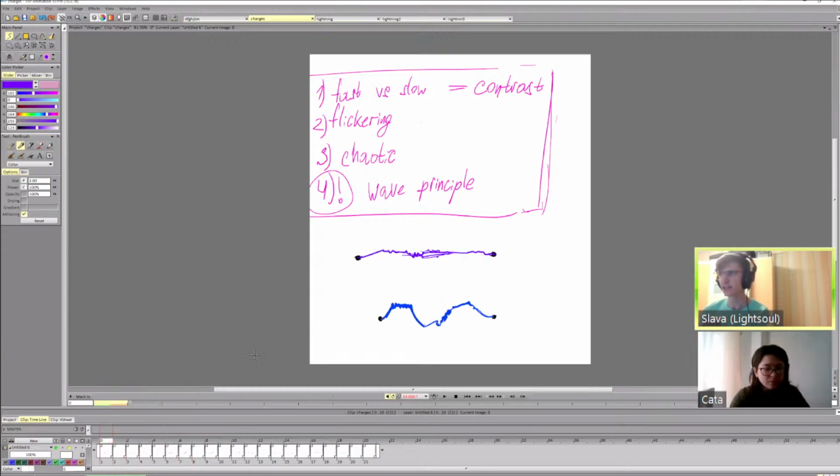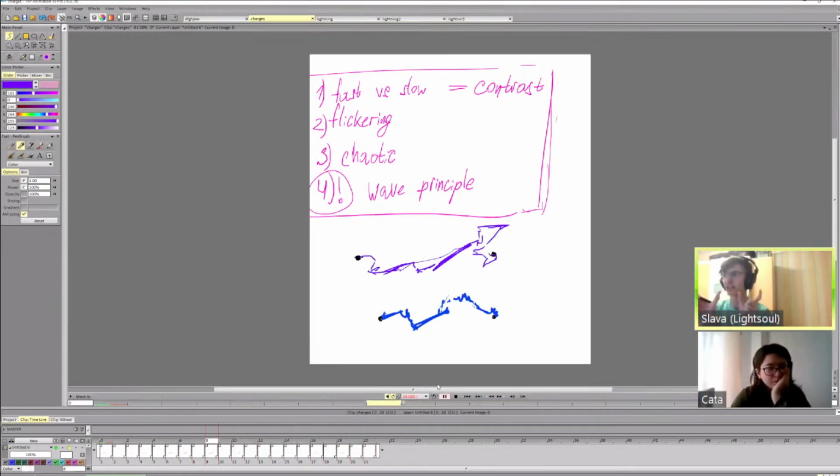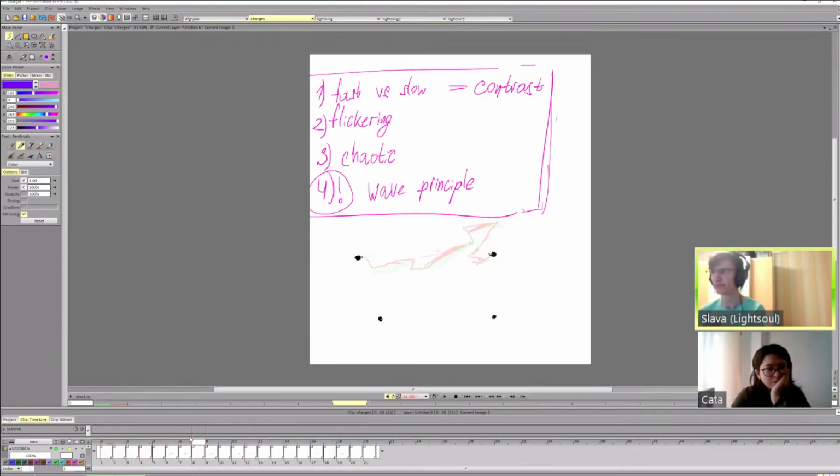So we have kind of an unbalanced effect, which sometimes can be useful, but since we don't have any context or any outside forces, it feels a bit strange that one part of electricity is very stable and doesn't change much, and the other half of the same charge is changing quite a lot and is being really dramatic. So we have two options here.